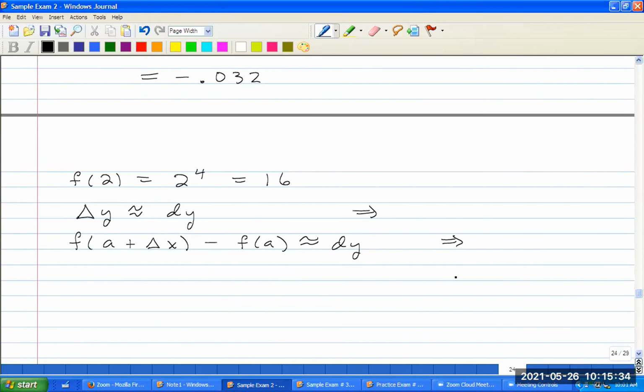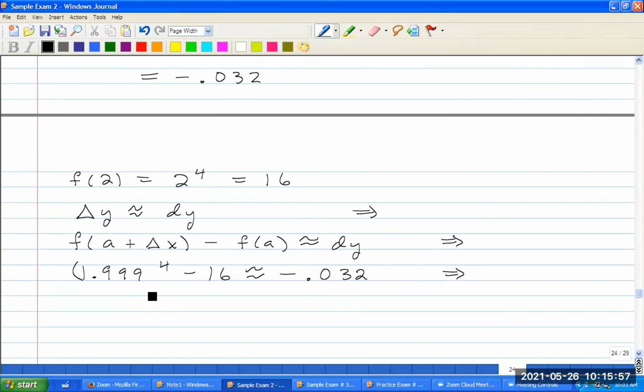And so 1.999 to the power 4 minus 16 is approximately negative 0.032.